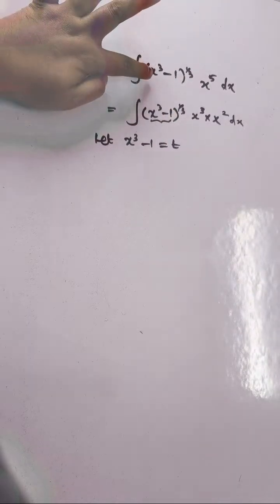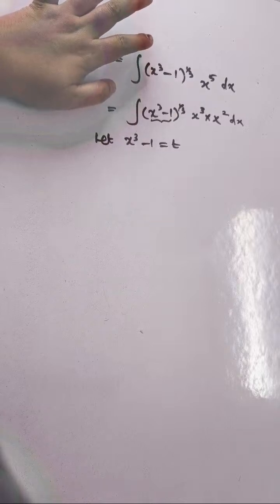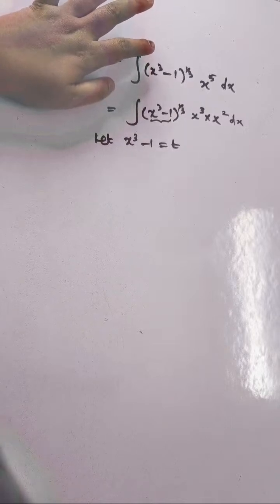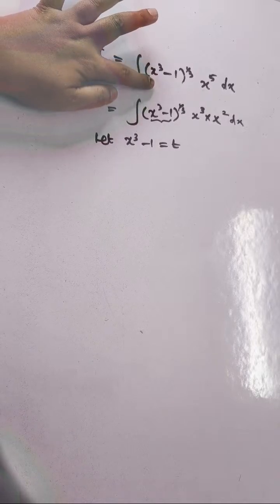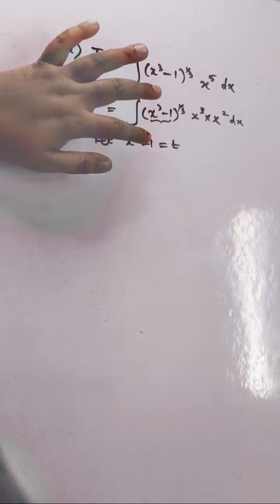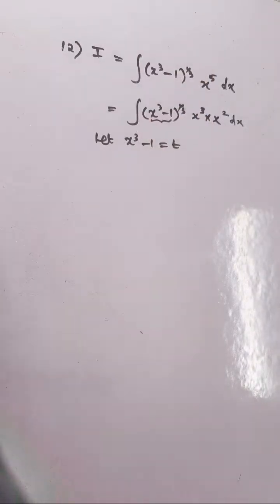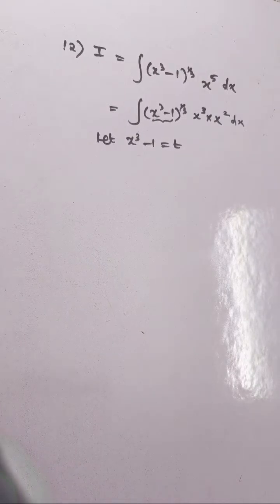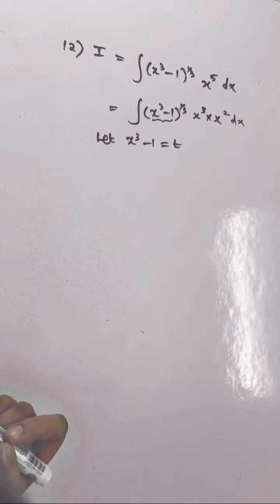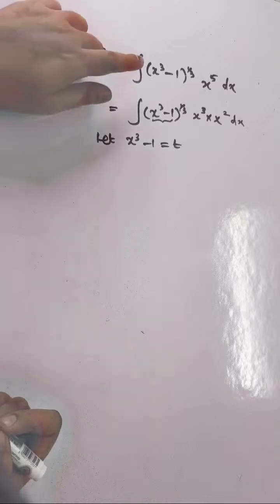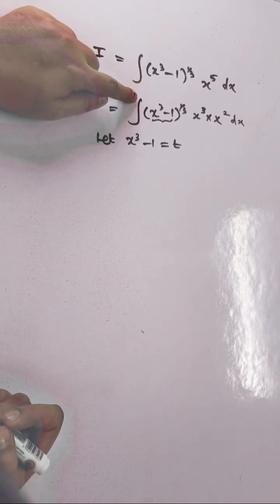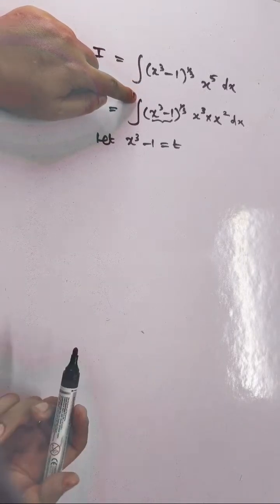In brackets, we have x power 3, so we are rearranging x power 5 as x power 3 into x power 2, so that when you add the powers, you get back x power 5 as it is. You are just rearranging the given question, x power 5 as x power 3 into x power 2, so that it is easy to do the substitution method.